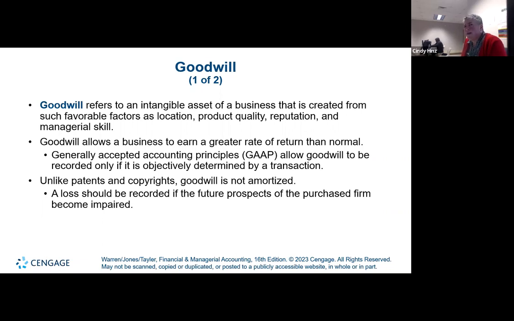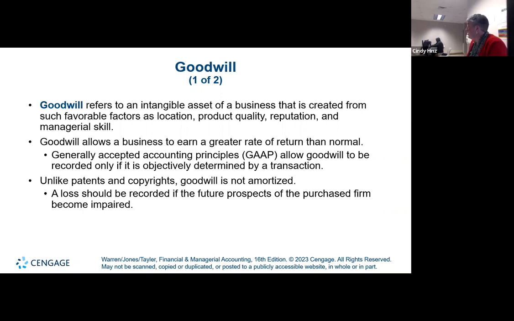Why would you agree to pay that in the first place? Well, because it's an established business. Because he's got loyal customers. He's going to give you the recipe too, by the way, maybe if he's got some special sauce that he makes in-house or something. And so you might be willing to pay more than the fair market value of the tangible assets because of the goodwill that has been established for that restaurant.